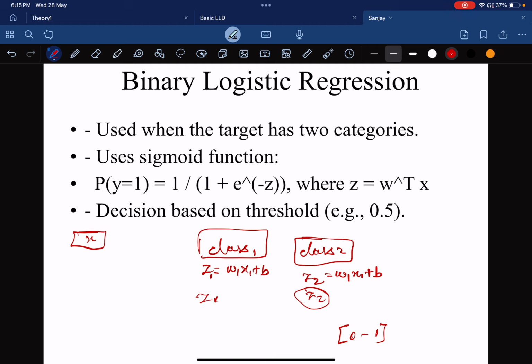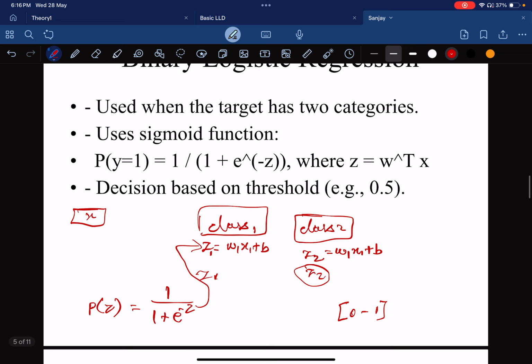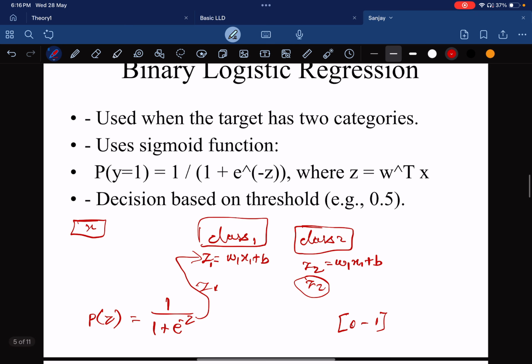For example, the sigmoid function equation is p of z equal to 1 by 1 plus e power minus z, where z is the logistic regression equation value. We also find the logistic equation for class 2 and put it into the sigmoid function, and we get the probability of the data belonging to each class.